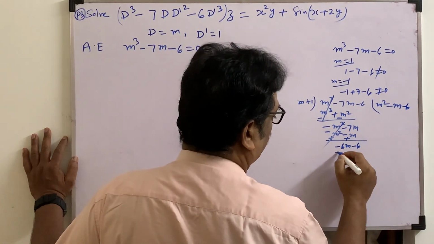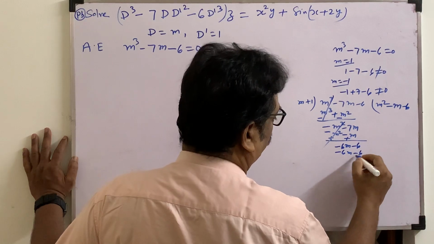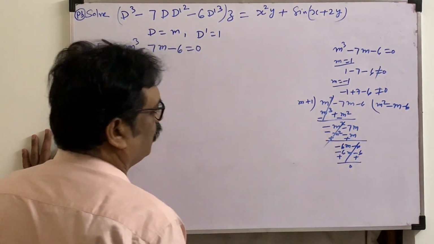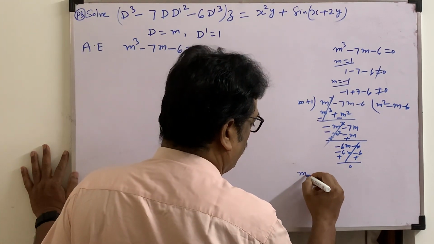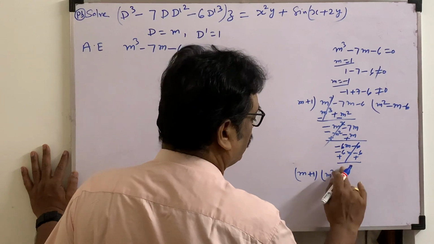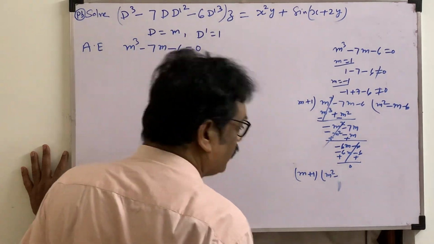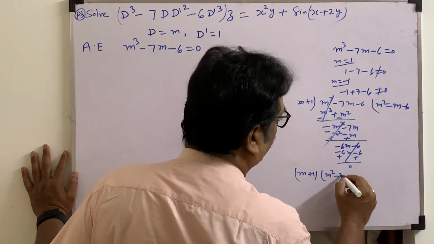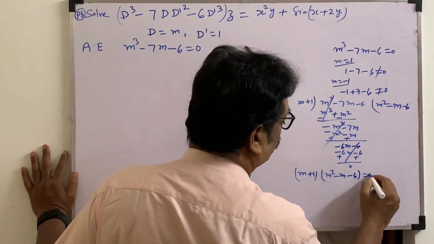If we multiply by minus 6, we get minus 6m minus 6, which gets cancelled, giving 0. So the quotient is m square minus m minus 6 equal to 0.